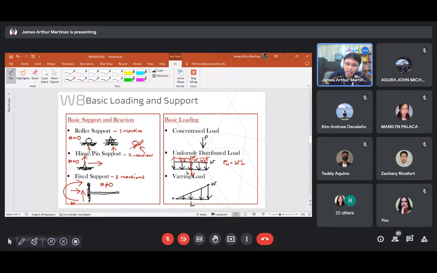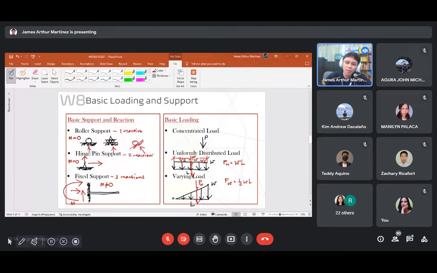If this is the length, then that is W. What we will do is convert it into its concentrated load. So how do we do that? The concentrated load is just equal to 1/2 of WL, where L is where your varying load acts.